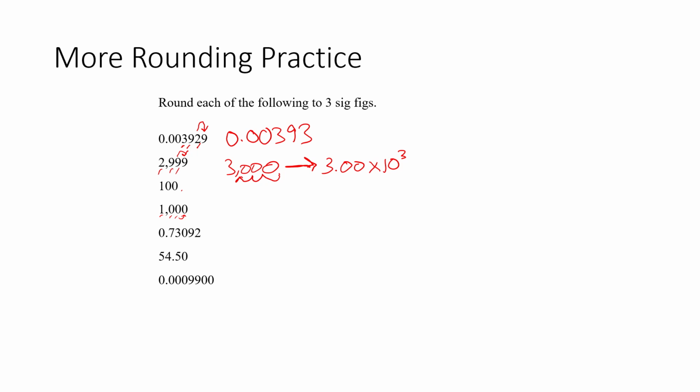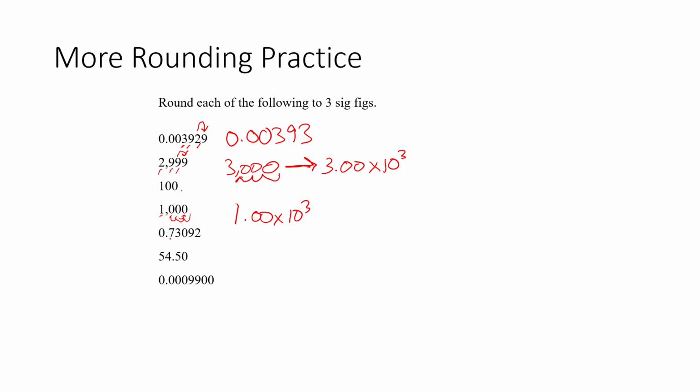We can't round 1,000 down to 100. That doesn't make sense value-wise. So same thing as up here: we need to actually convert this number into scientific notation in order for it to be 3 sig figs. So we put our imaginary decimal at the end, 1, 2, 3. That becomes 1.00 times 10 to the third.